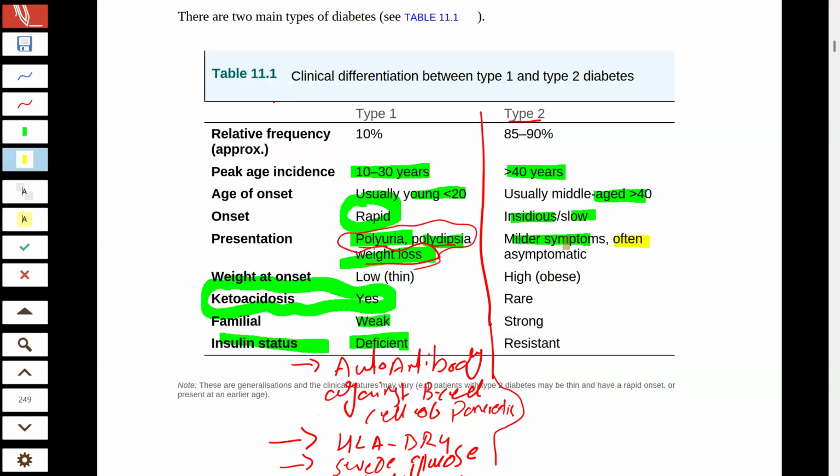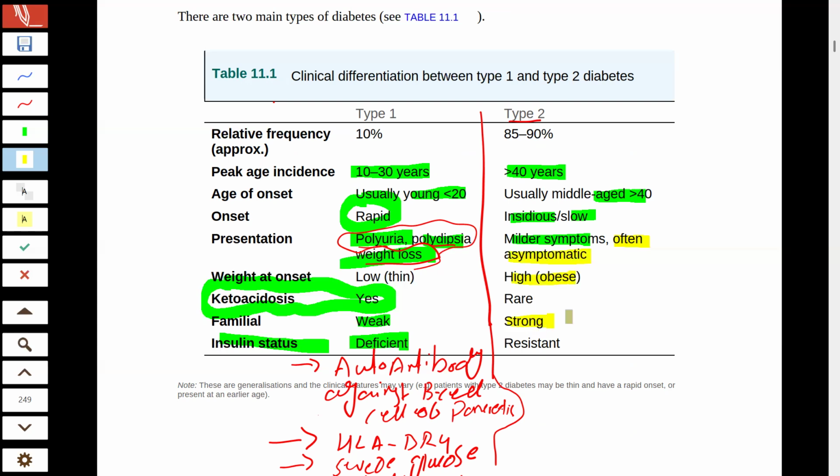Some patients present with these symptoms, but polydipsia, polyuria and weight loss are mostly type 1 presentations. Even patients with type 2 diabetes can be asymptomatic, and weight at onset is high, more so in the obese population. Also the familial association is strong in type 2 as compared to type 1.